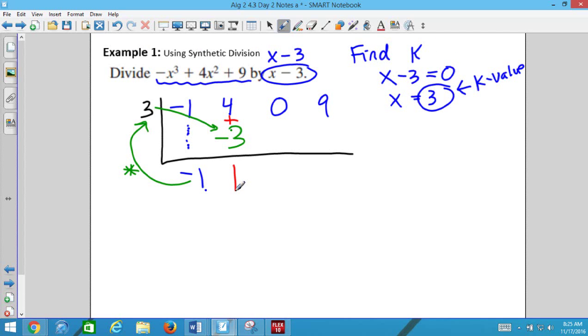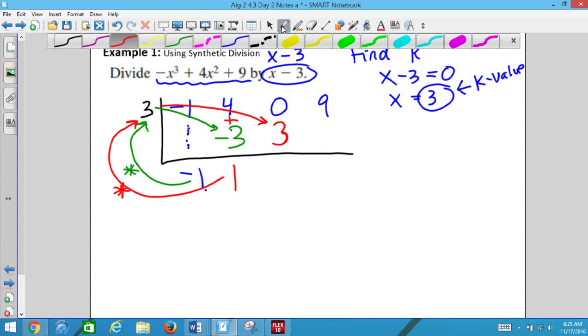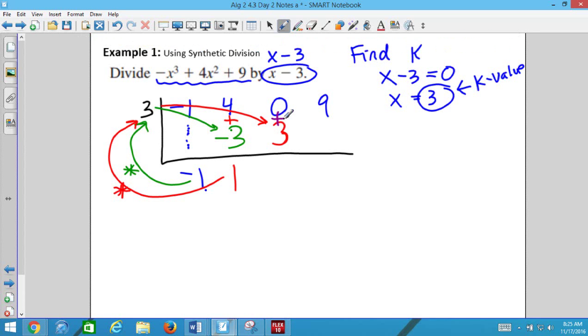Now we're going to repeat the process we just did. We're going to take this 1 and multiply it by the 3, and then put it underneath the next number. And then we're going to add and get a 3. Then we're going to repeat the process.